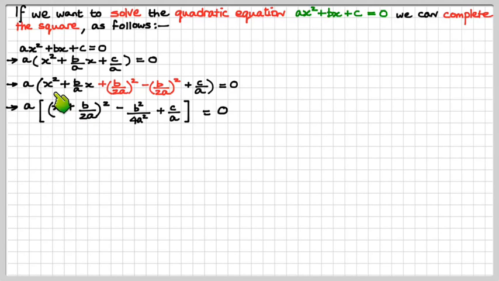Therefore, this thing here is equal to that thing as a perfect square there like that, okay? Then I've got these two terms here still to deal with. So if I get rid of that bracket there, that's b squared over 4a squared plus c over a, alright? So far so good.